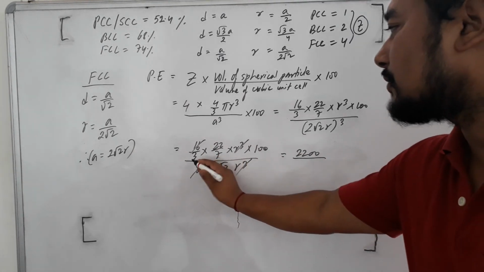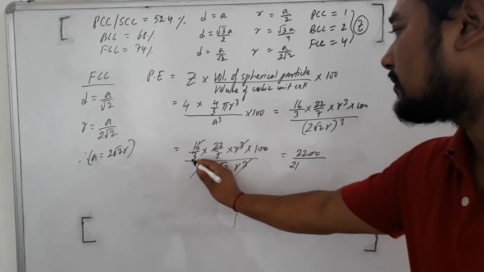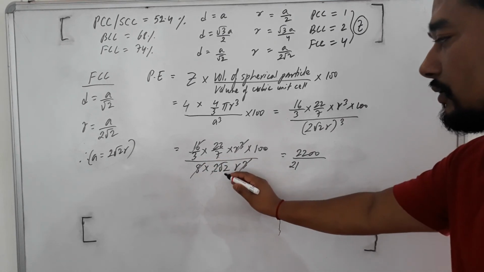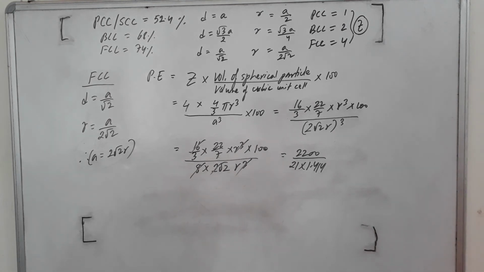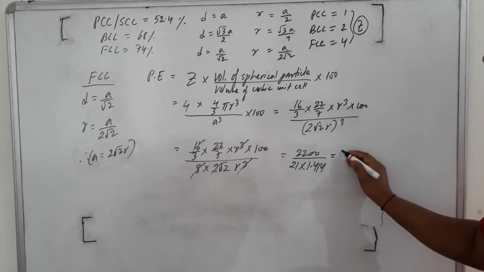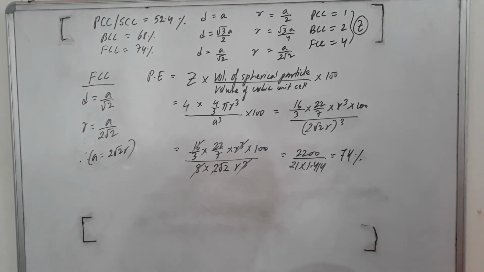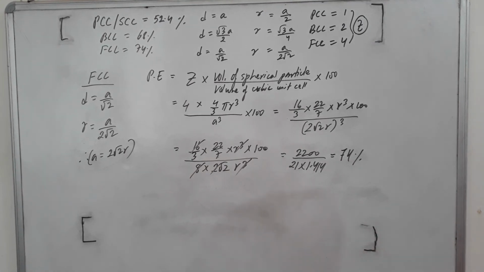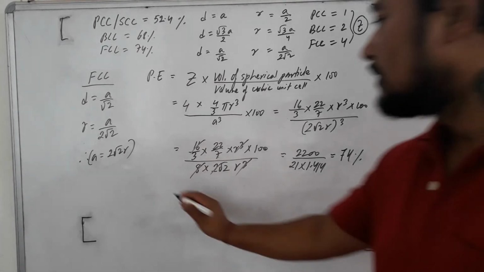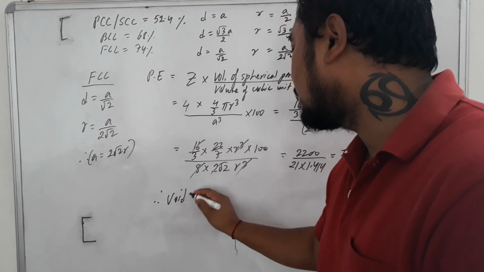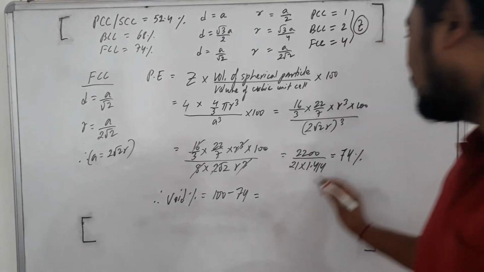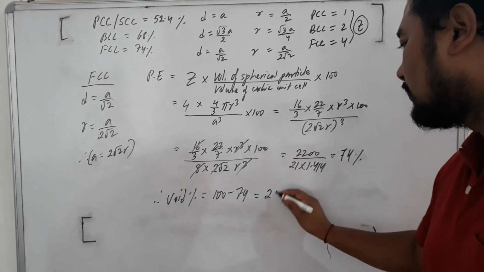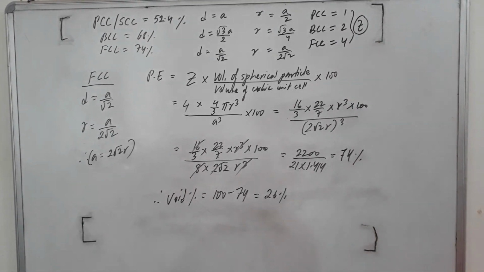Now 7 3s are 21 will go down. Now what is still down? Root 2. And the value of root 2 is 1.414, students. Now if you do this calculation, it will come 74%, students. This is how we find the packing efficiency for FCC. Now to find the void percentage, the same packing efficiency we subtract from 100, that is 74. When you do so, the void percentage will come 26%.